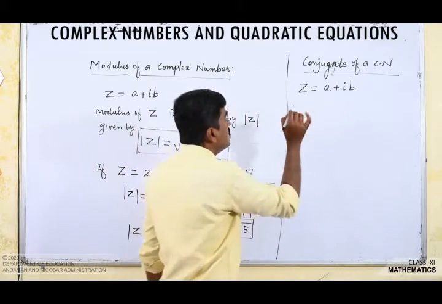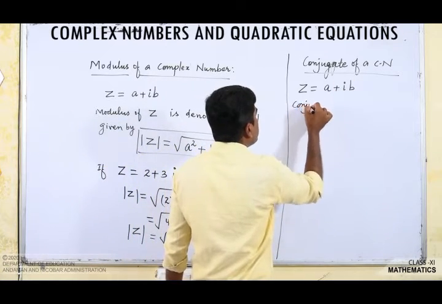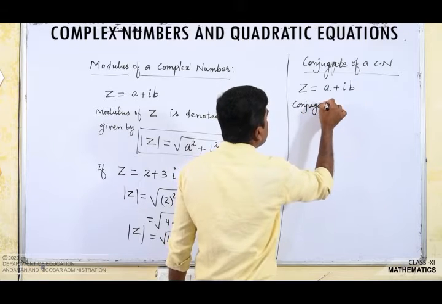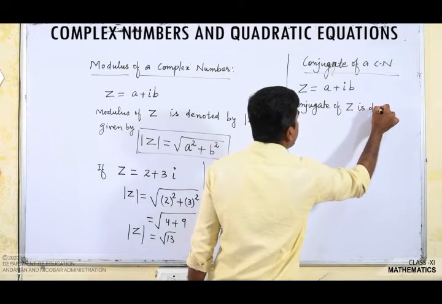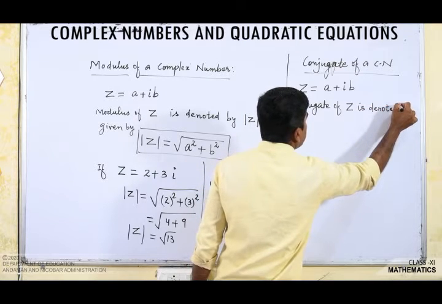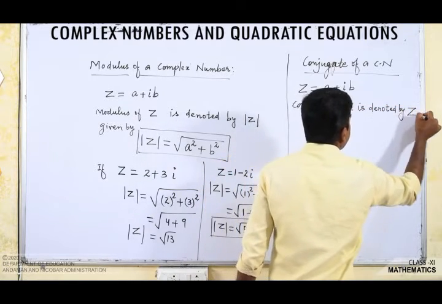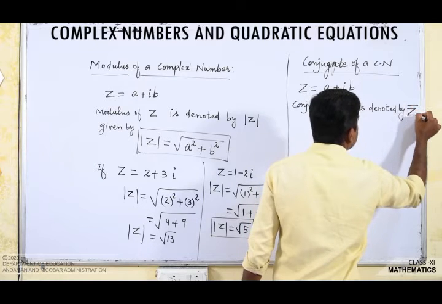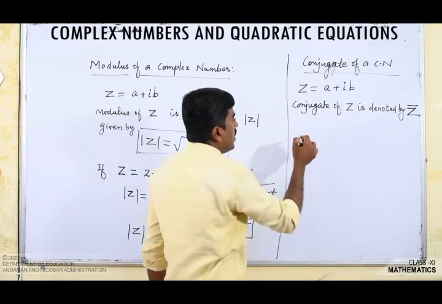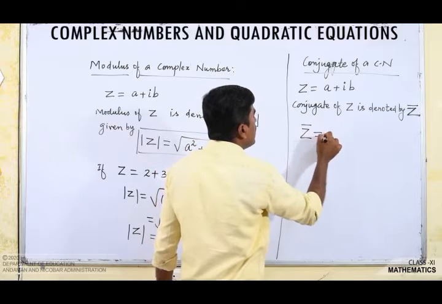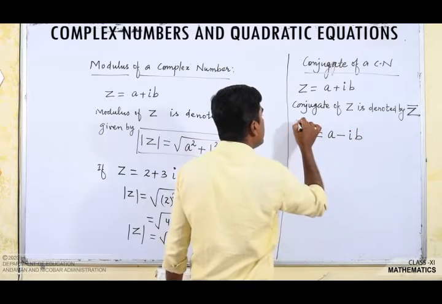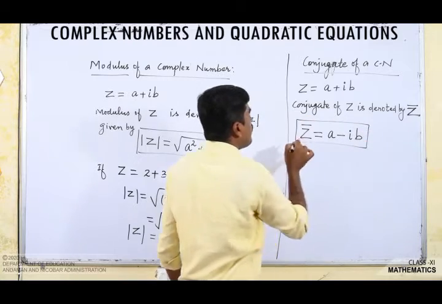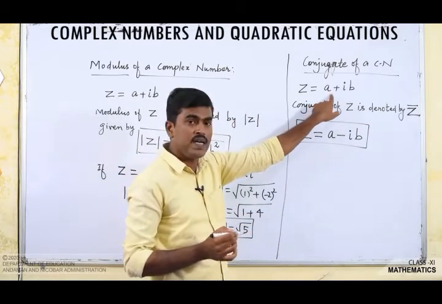Then the conjugate of z is denoted by z bar, and z bar is given by a minus ib. It is the conjugate of the complex number z is equal to a plus ib.